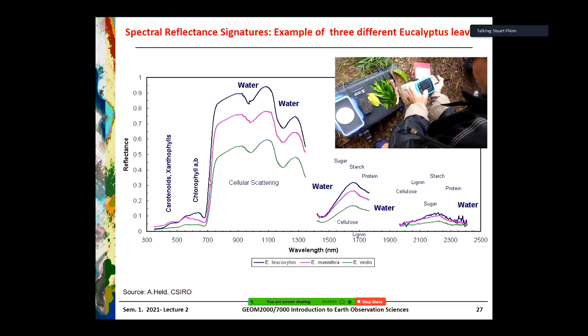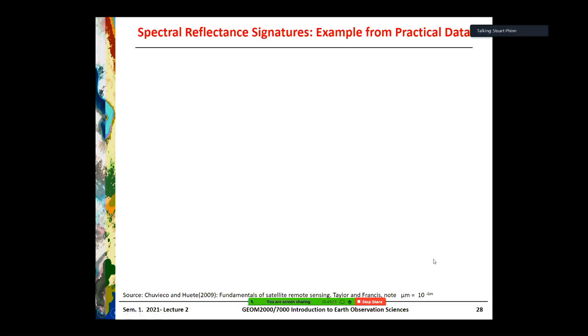So you'll get eucalyptus leaves, grass leaves, bare soil, water bodies. You'll be collecting spectral signatures and you know exactly what it is, and it'll be highly detailed information, which you'll then analyse in the practical. So it's like a higher resolution version of what the satellite actually sees.